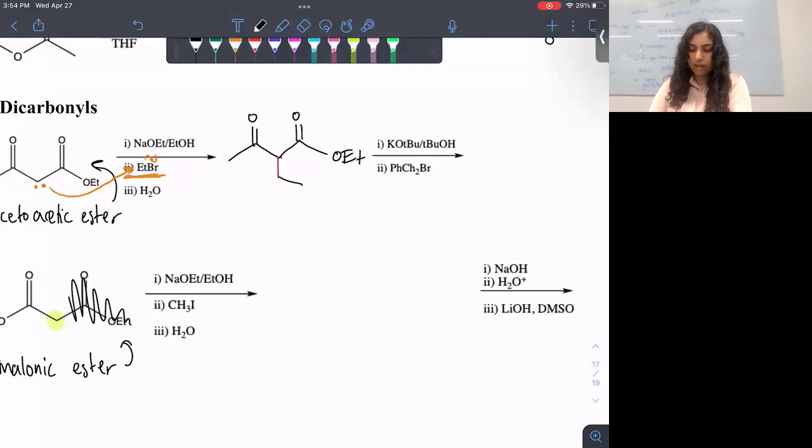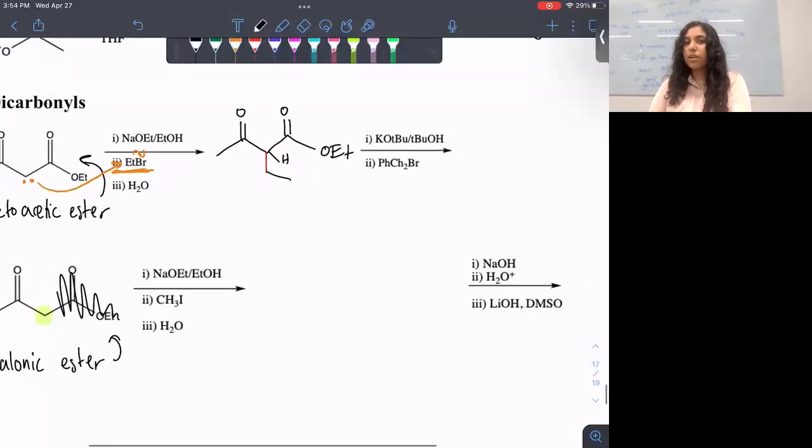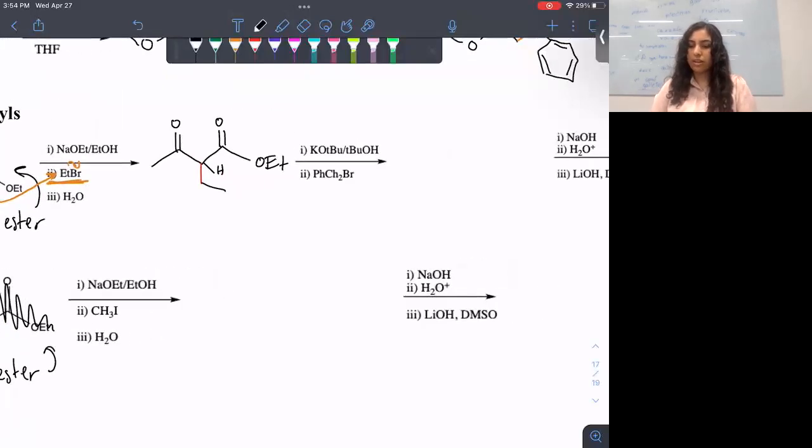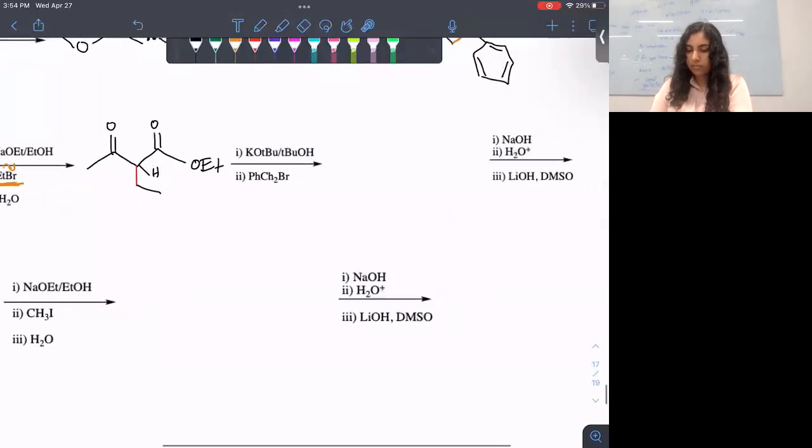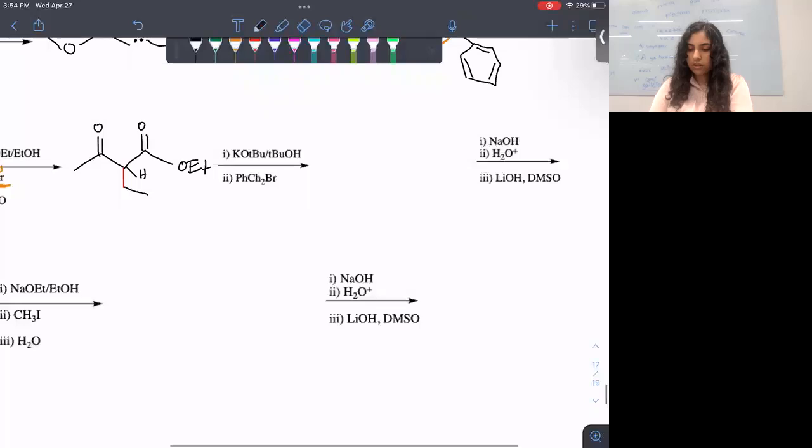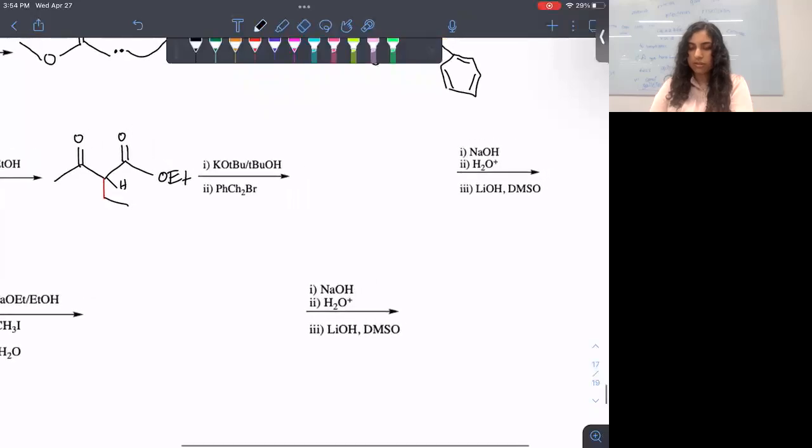But on the alpha carbon, we still have one more hydrogen. If we are left with hydrogens on the alpha carbon and we want to alkylate it again, we can do that. The only thing that changes is the base. For the first alkylation, you use NaOEt. For the second one, you use tert-butoxide. It's the exact same idea.